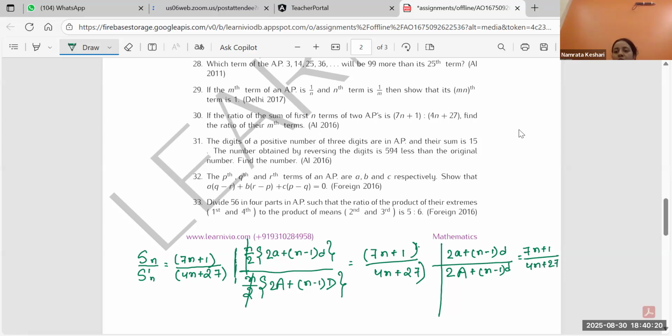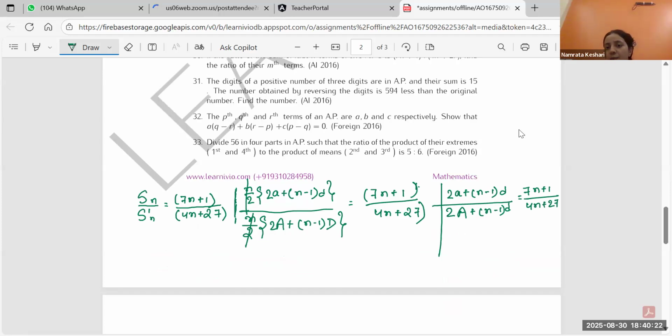Now from here only we are trying to create the ratio of mth term of first AP to the mth term of second AP. So clearly we can see in mth term formula 2a is not there. In the nth term of an AP, the formula is an equals a plus n minus 1 into d. Okay, just a is there.